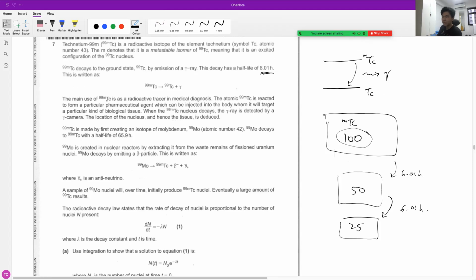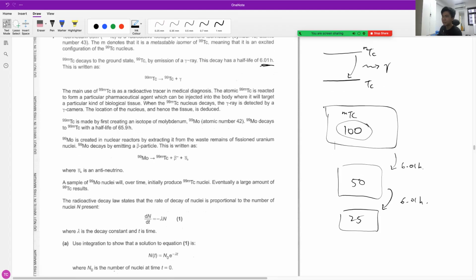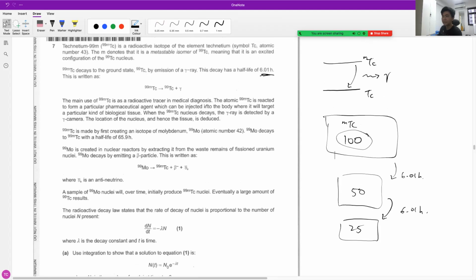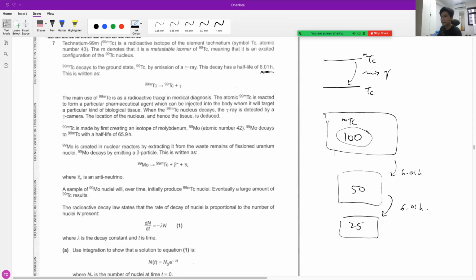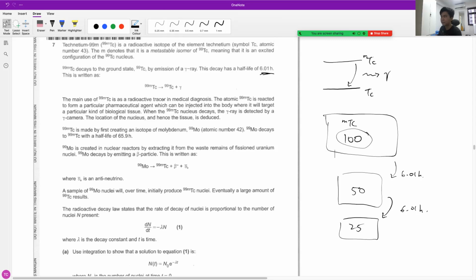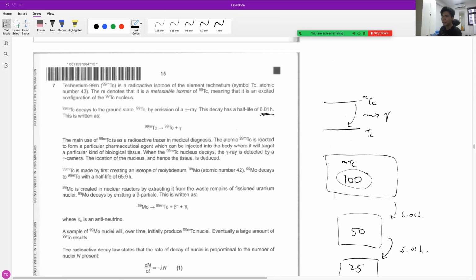Then we know that this metastable technetium is used in medical diagnosis. How do you make it? It is first made by creating an isotope of molybdenum, molybdenum-99, and then this molybdenum will decay into metastable technetium with a half-life of this.